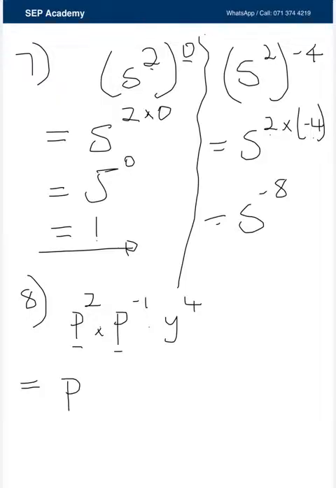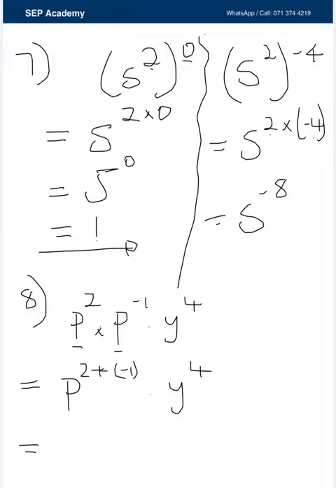So that means we've got p, then you have that 2, which you need to add with that negative 1. This one being y, you can't do much about it because that base is not the same as the one that you are dealing with.